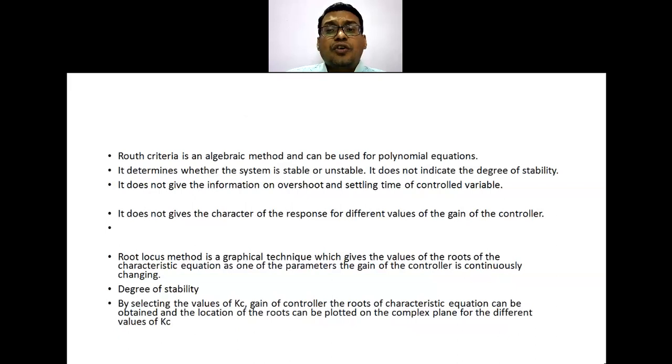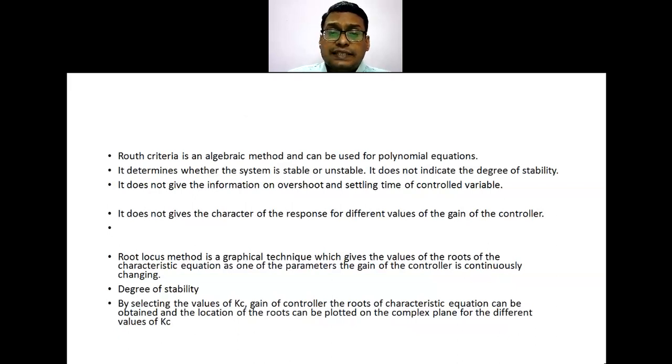That means the time required to obtain the control variable, that is, the settling time. It does not give the character of the response for different values of the gain of the controller. How its behavior will be is also not obtained by the Routh criteria.